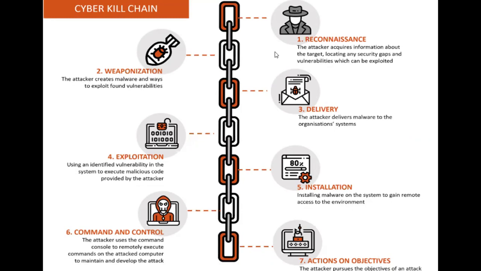Yes. All right. So after the installation phase, you come to command and control. This was the same question some of us were asking last week. What is command and control? In simple terms, it's just the attacker's server, the attacker's machine.